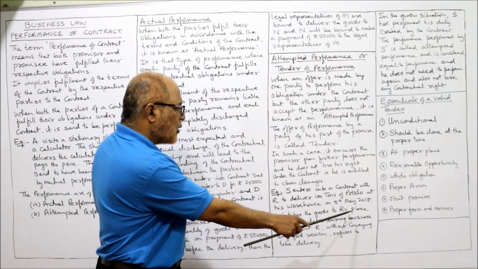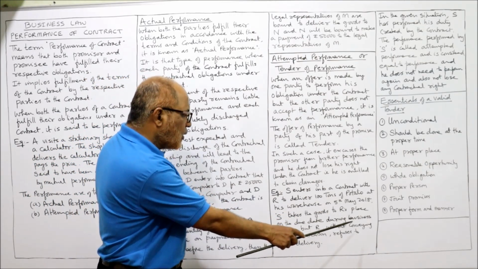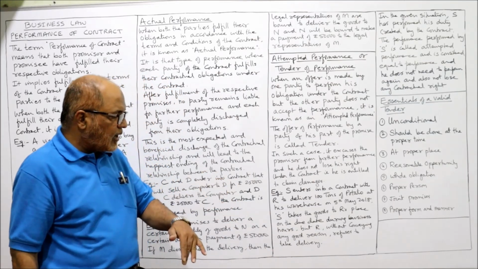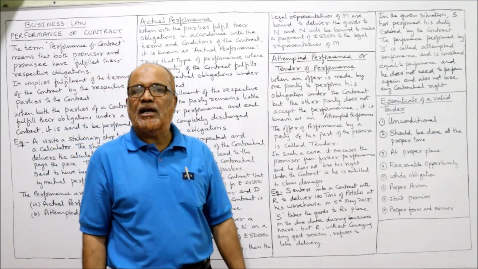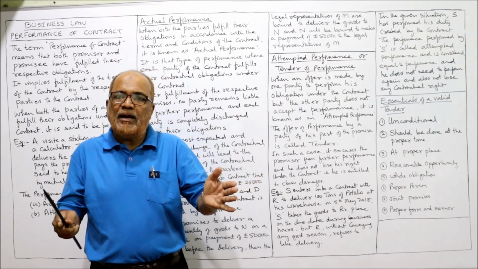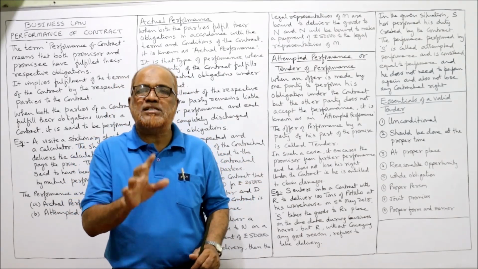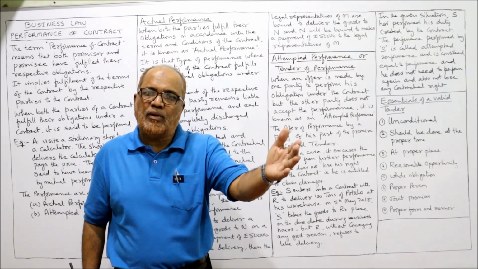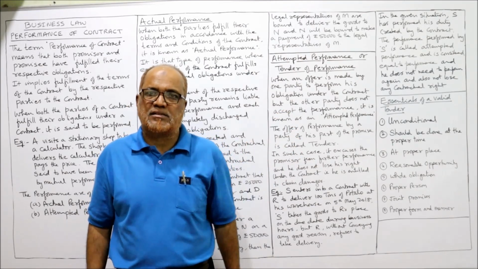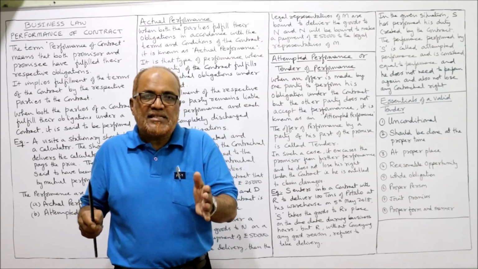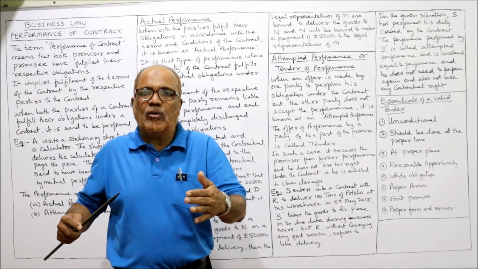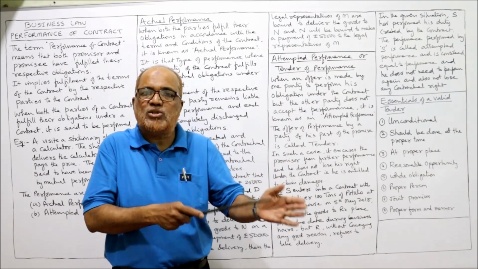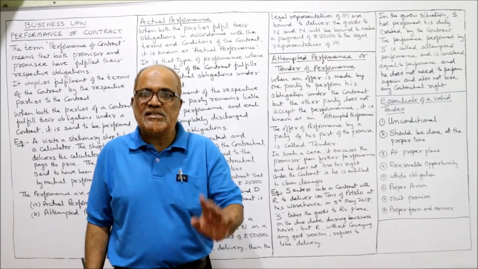S takes the delivery to R's place on the due date during business hours, but R, without conveying any good reason, refuses to accept the delivery. Already the agreement has been made that S will deliver 100 tons of potatoes to R at his warehouse. Now, S has completely packed all the potatoes and took this shipment to the place of R during business hours.